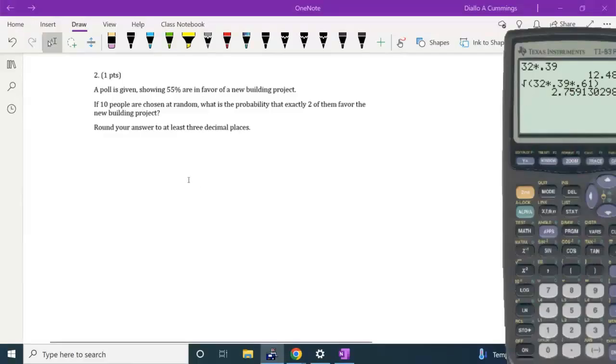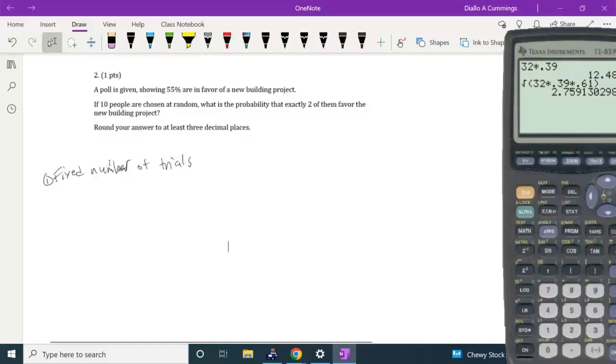So remember, there are 4 steps to determine if you're dealing with a binomial distribution. The first step is you have to have a fixed number of trials. So how many trials will we have? Well, we're going to have 10 trials because we're choosing 10 people at random. So notice if it's a binomial distribution, the number of items chosen is simply your number of trials.